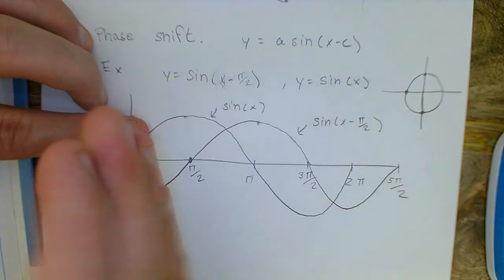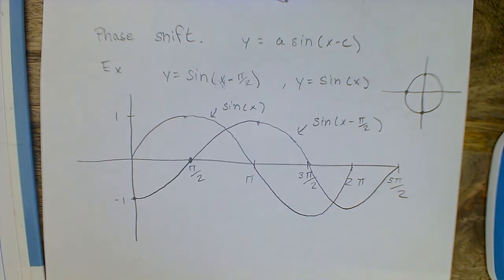Okay, so we can see that this graph here is just the sine of x shifted over to the right by pi over 2 units. So that's called a phase shift.